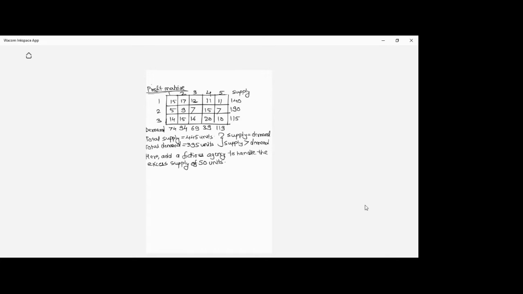Excess supply of 50 units. Now your supply will be equal to the demand, and we have got the balanced transportation problem. We are going to find the initial basic feasible solution, right? For that, we are going to use the VAM method.